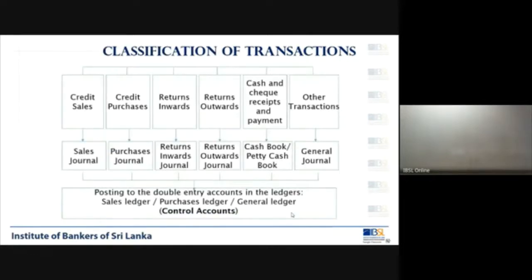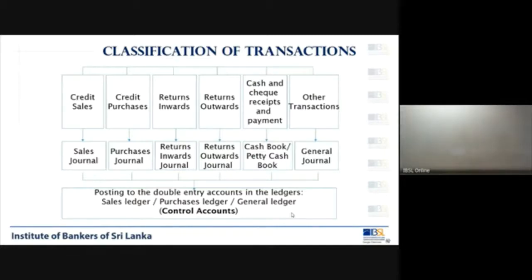So basically, we are going to classify the transactions like this. As I told you, you can have a credit sale. Similarly, you can have a credit purchase. You can do a sale, you can do a purchase. And we also have something called return inwards, and we also have return outwards.